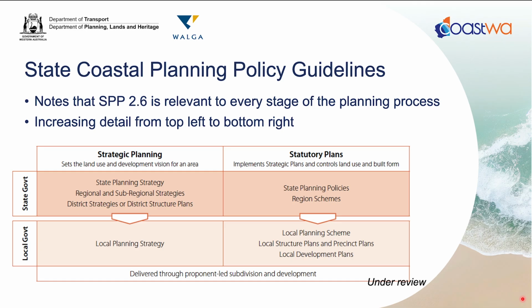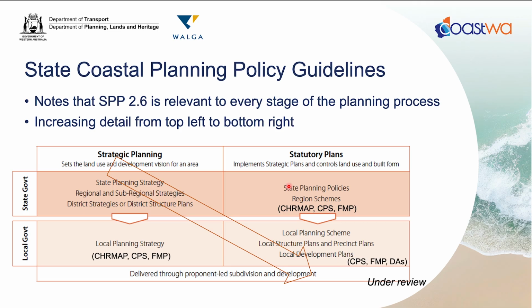Importantly, the policy guidelines note that there is an increasing level of detail required in coastal planning from the top left to the bottom right. That is, at that high-level strategic level, at the state planning level, we need to at least consider coastal planning and coastal hazards. And then as we get into more local planning, we need to undertake more detailed investigations.